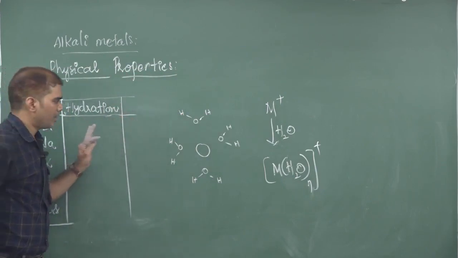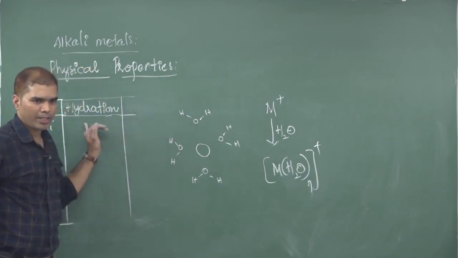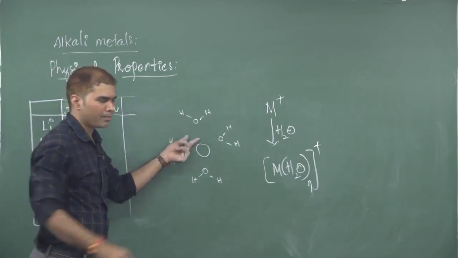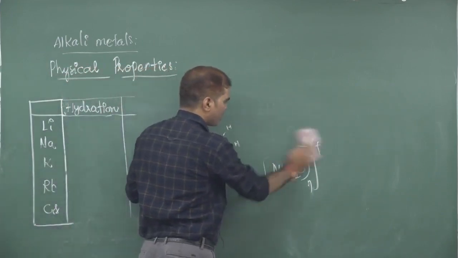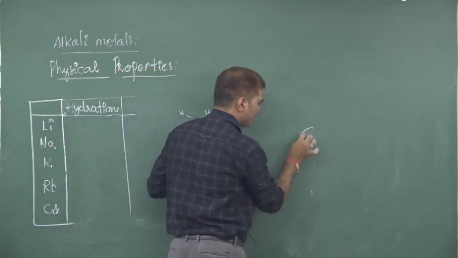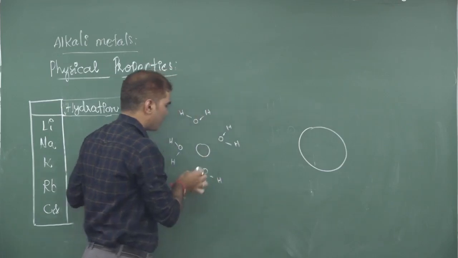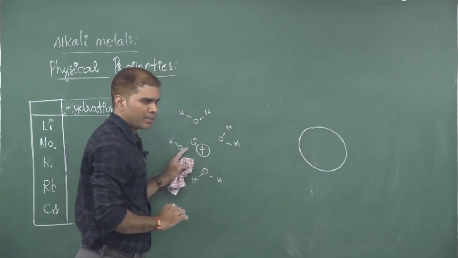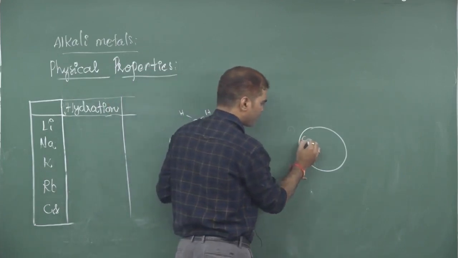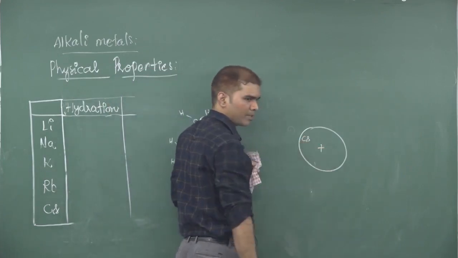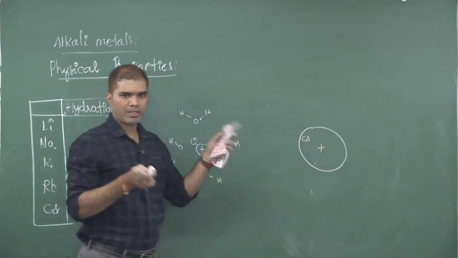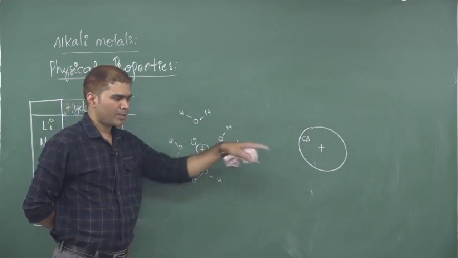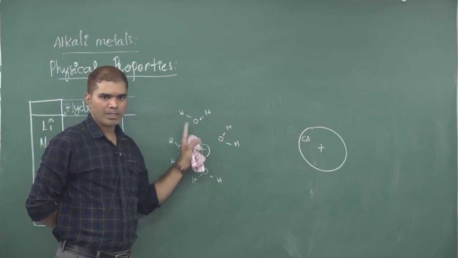Okay. Let us come to the process of hydration. When does hydration occur easily? This is a larger metal, this is a smaller metal, maybe I am taking lithium. There is a positive charge. I am taking cesium. There is only one positive charge. What is the surface charge density? In cesium, surface charge density drops. In lithium, surface charge density is very high.